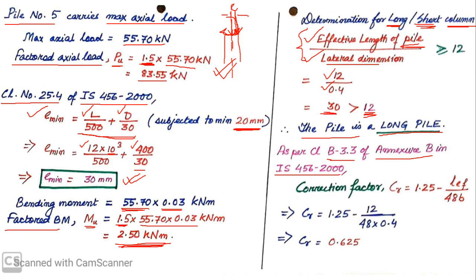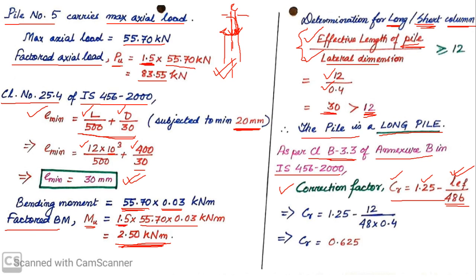The correction factor is clearly stated in that clause, B 3.3. The correction factor is denoted by CR. So CR is equal to 1.25 minus L effective, that means effective length, divided by 48B. So what is B? B is again the lateral dimension. That means in our case it will be the diameter of the pile.